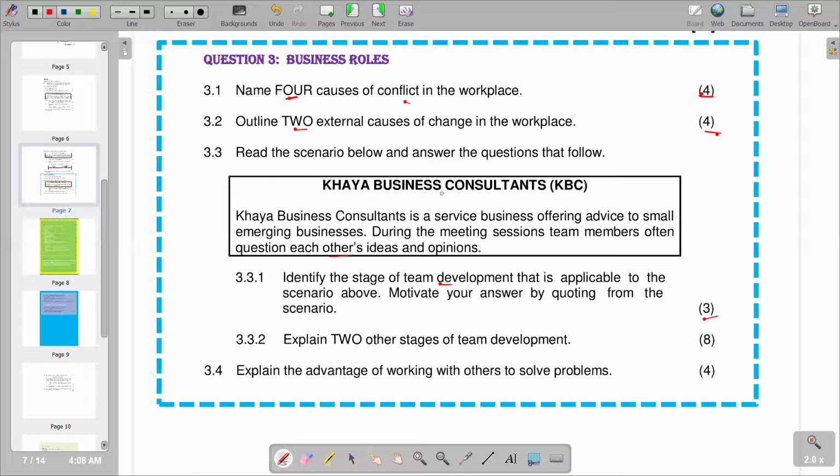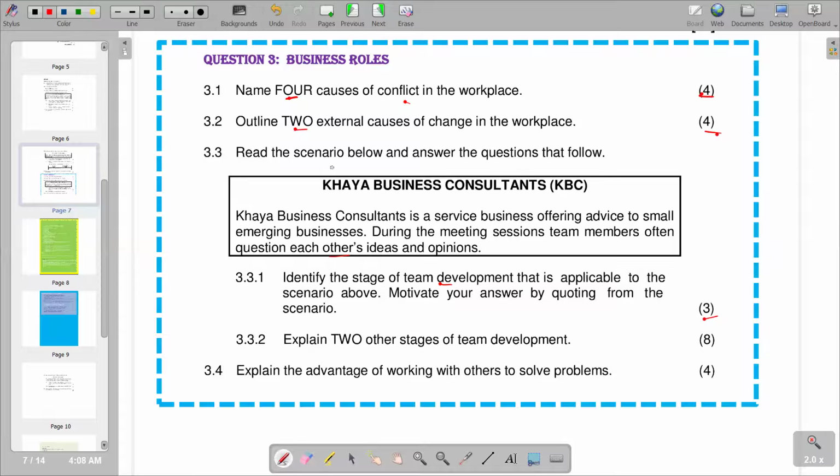That is being highlighted here, that members often question each other. So in the process of storming, conflict can emerge, and as people share opinions, they also feel more able to disagree with one another. So the scenario that we are given is relating to the storming.